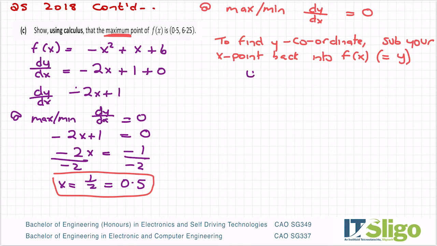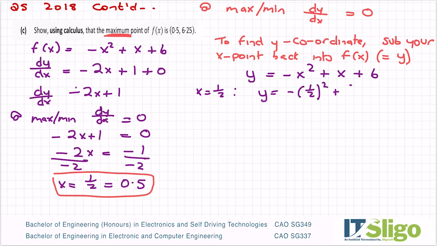Okay, so y is equal to minus x squared plus x plus 6. So when x is equal to a half, like we have, what's my y point? Well, it's equal to minus a half squared plus a half plus 6. Okay, so let's put that all into the calculator and see, do we get the 6.25? 0.5 minus a half squared.